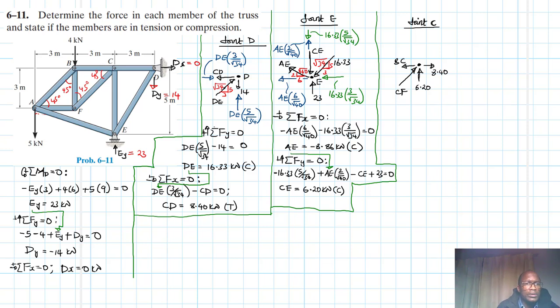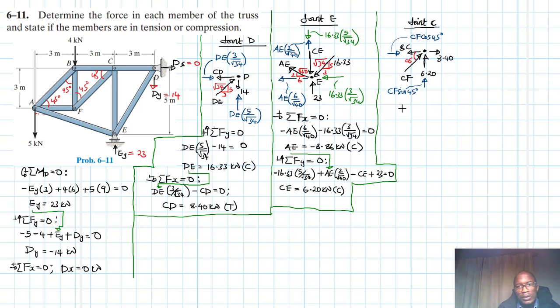So we expect to have this one equal to CF cos 45, and this one equal to CF sine 45.